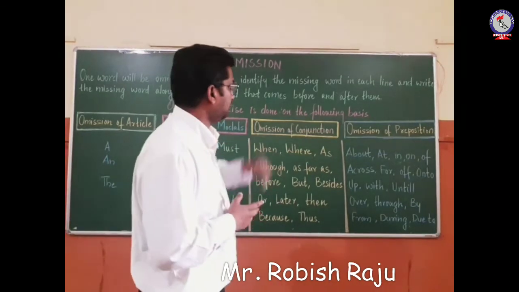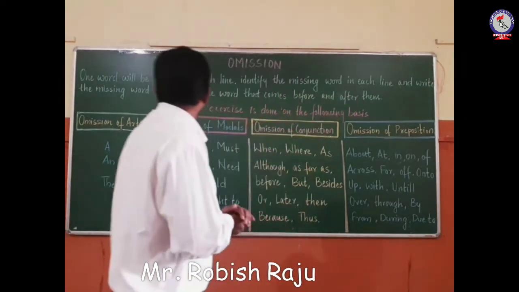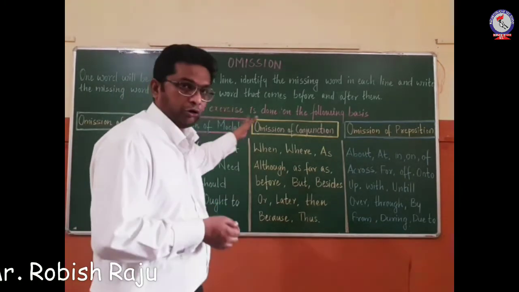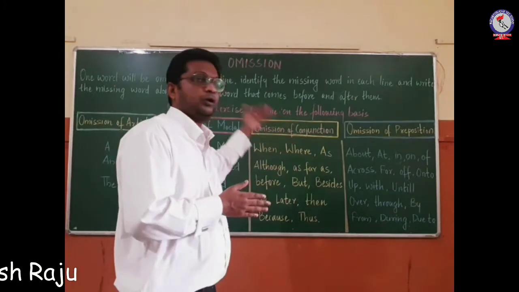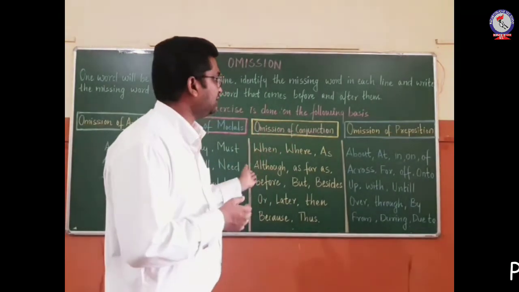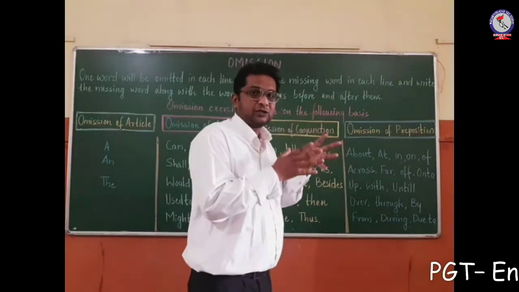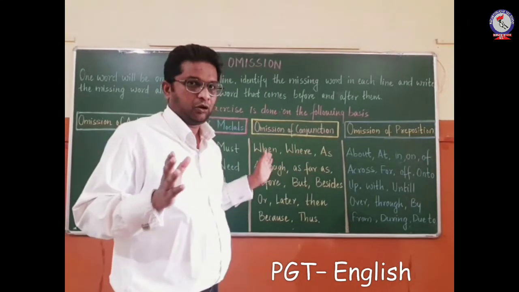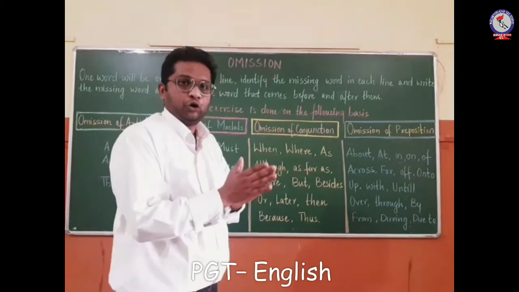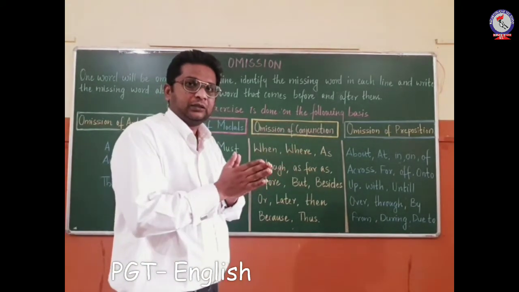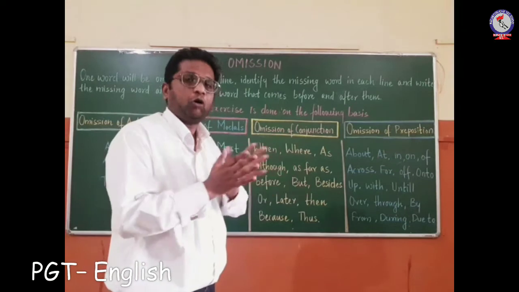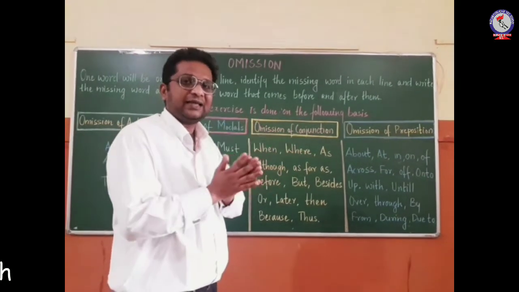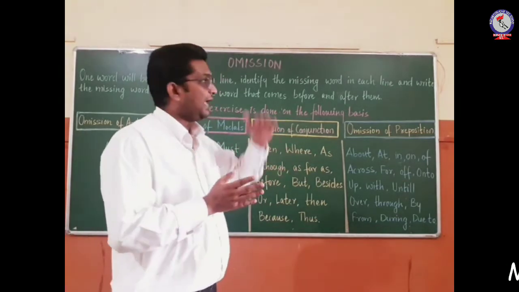Then after, we have to write the missing word along with the word that comes before and after that missing word. So you understood that omission means one word that will be missing or omitted in each line of an unedited paragraph.